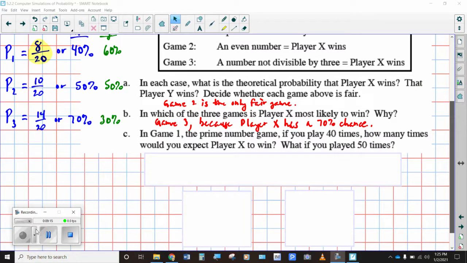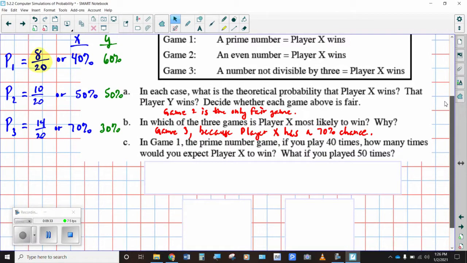All right, hopefully you've had enough time to sort through this. I want to give you a little bit of background information. If there's an 8 in 20 probability of winning game number 1 for player X, then that means if player X played this game 20 times, we expect them to win 8 of those 20 times.